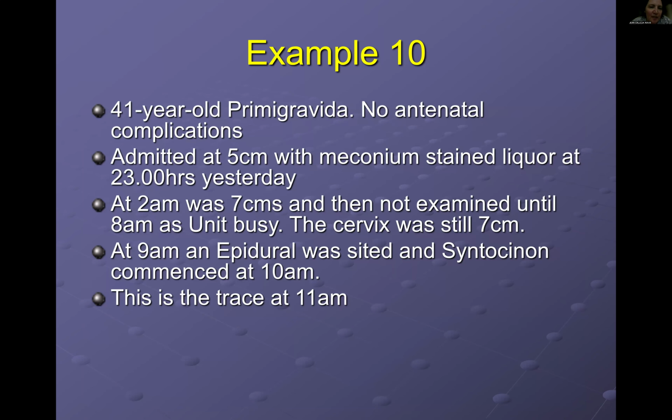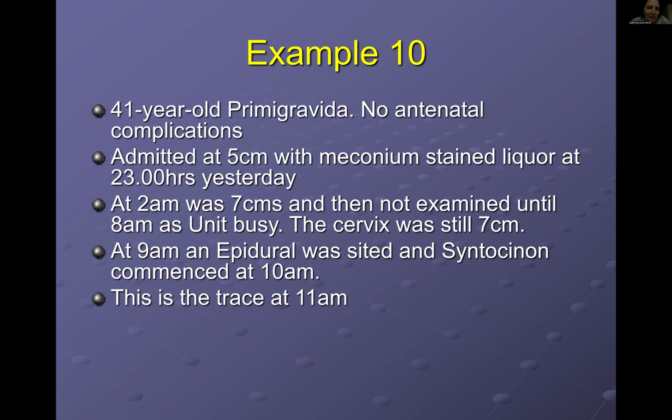And 3 hours later, at 2 a.m., she was examined again. She was 7 centimeters. But then, because the unit was very busy and maybe a bit understaffed, she wasn't examined until 8 a.m. So 6 hours passed where she was not examined, right?